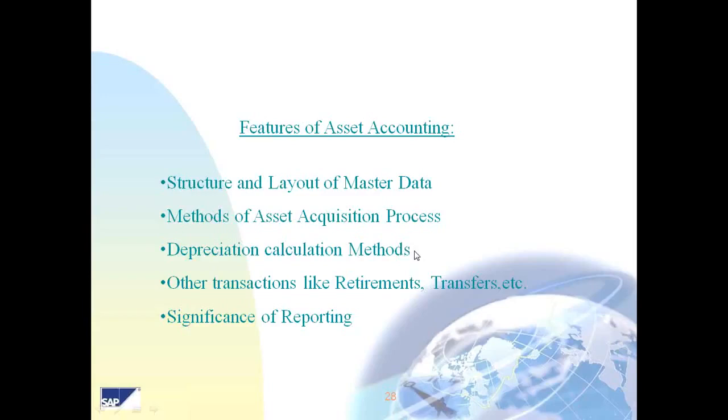We have so many depreciation methods available, and based on the methods, the system will calculate the depreciation. There are other transactions like asset retirement, asset transfers, asset scrapping, and so on. We are also going to see the significance of the reporting within asset accounting.